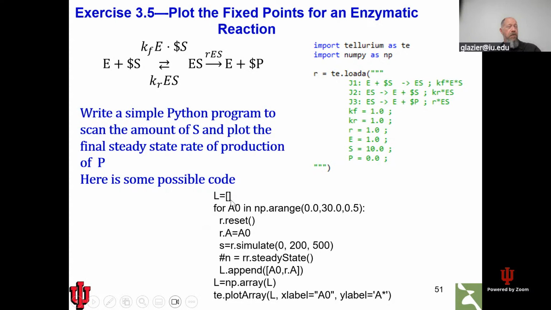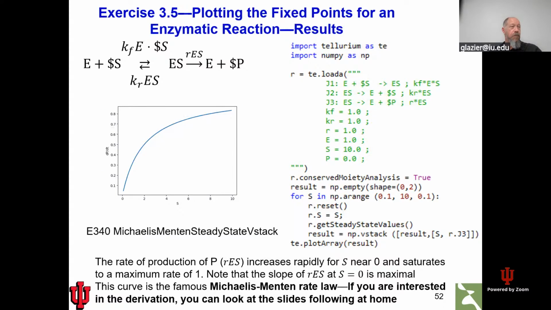So you'll say L equals empty list. So this should say for S in np.arange, reset, R.S equals S, simulate, append, this should be S, R dot, and then instead of R dot A, well, here's the VStack version of it.